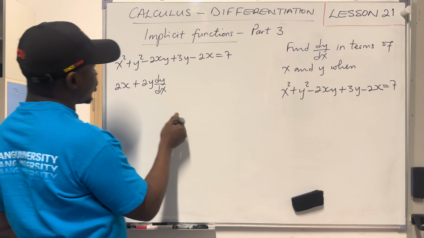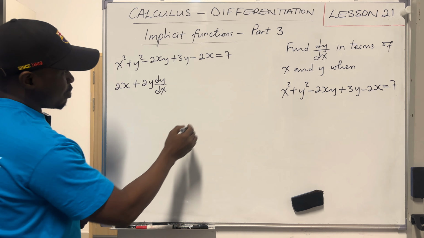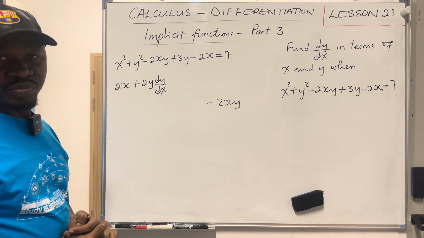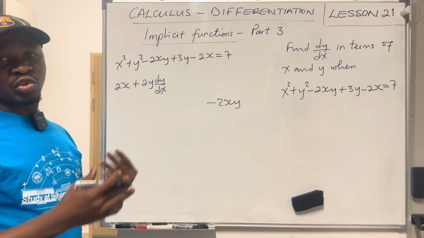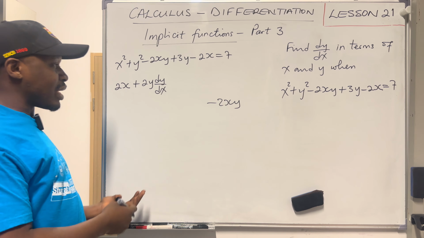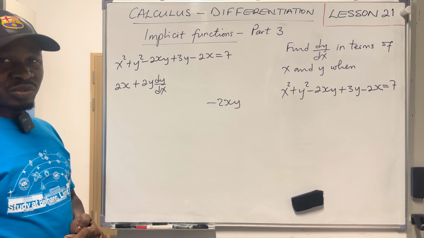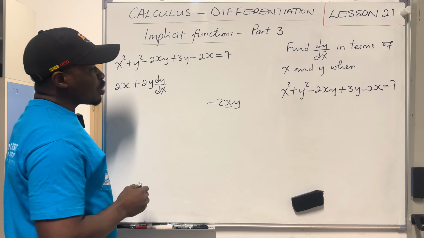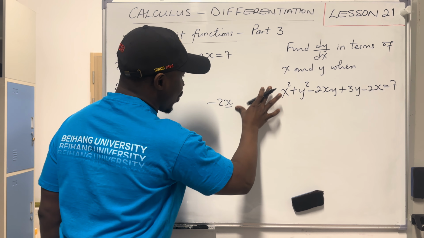Now we have minus 2xy. We want to differentiate this, but you do it one at a time. You differentiate x, later differentiate y. If you want, you start with y, later x, no problem. Let us say we want to differentiate x.